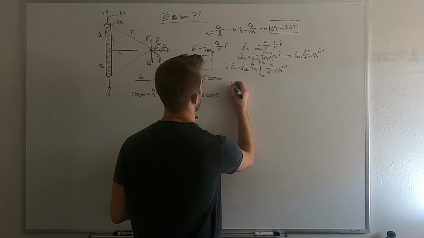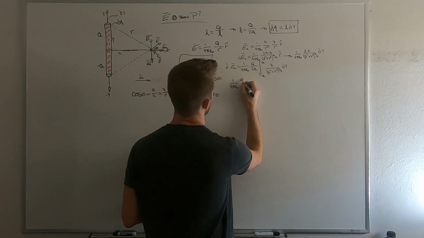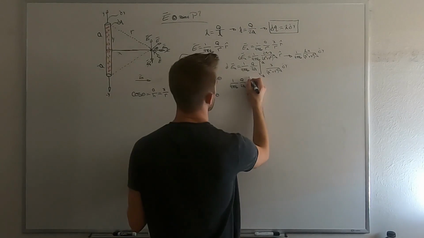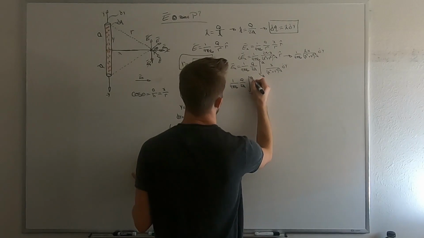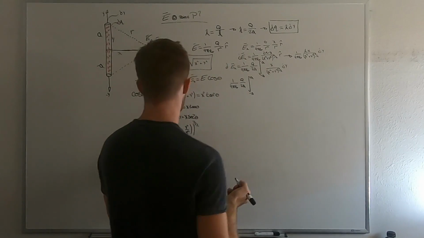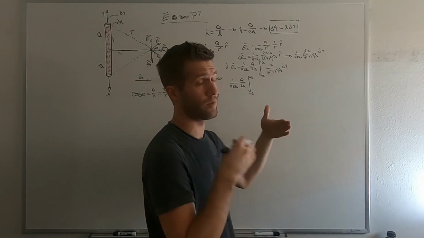So we're going to have 1 over 4 pi epsilon naught times q over 2a, and we have our integral from negative a to a, right? Okay, so this x cubed is going to be below that x now. So it's going to be x over x cubed.